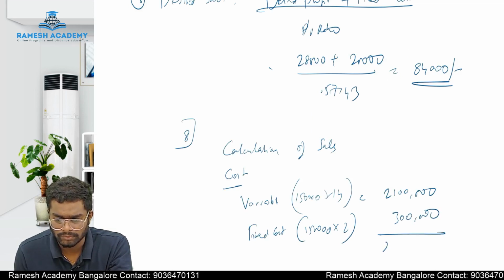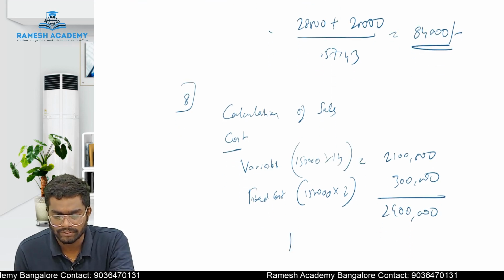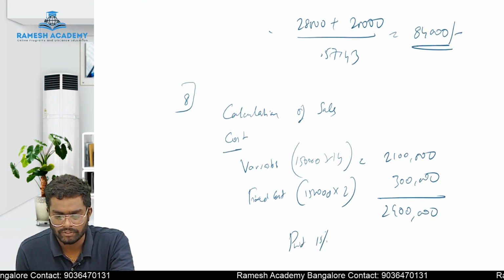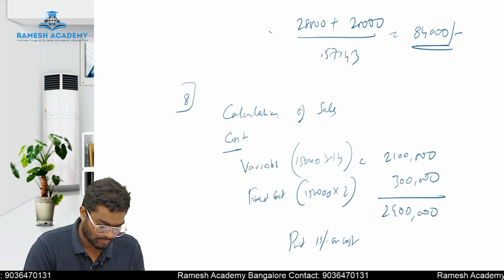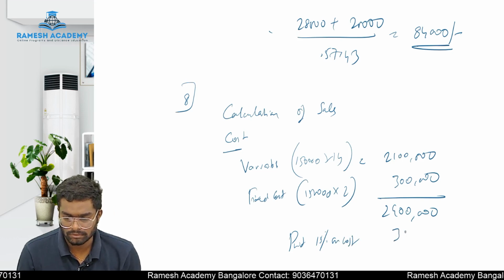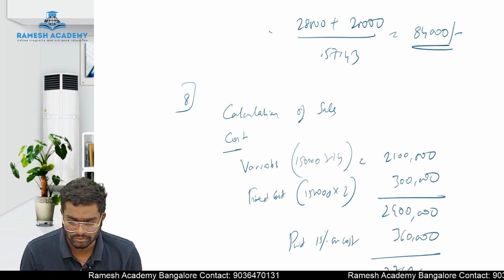So total is 24 lakh. Now they're telling the profit should be 15% on cost. So 24 lakh into 15% is 3,60,000. Total comes to 27,60,000.